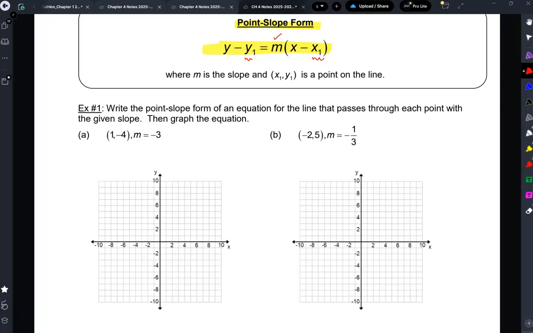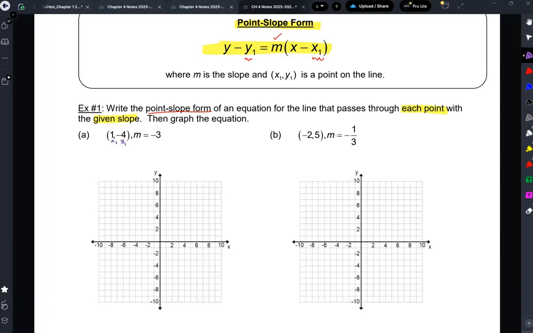Okay, so take a look here. Write the point slope form of an equation for the line that passes through each point with the given slope. So look at what I'm given. I'm given a point and a slope. Point slope form. Okay, the first thing you do, label the point.